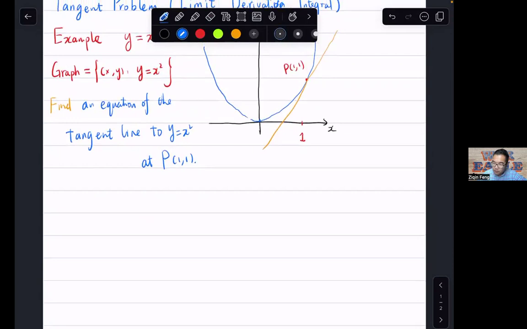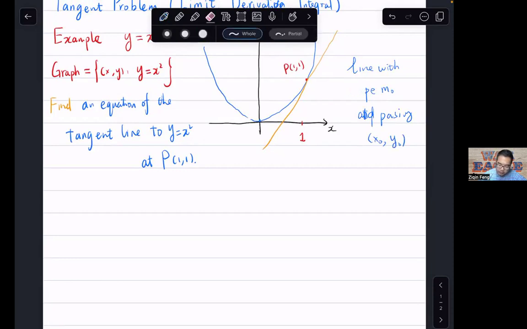If you have a line with slope m0 passing through a point x0, y0, then the line equation is given by y minus y0 equals m0 times x minus x0.